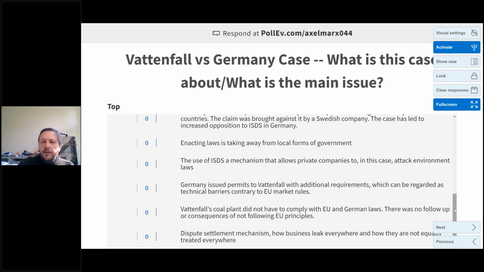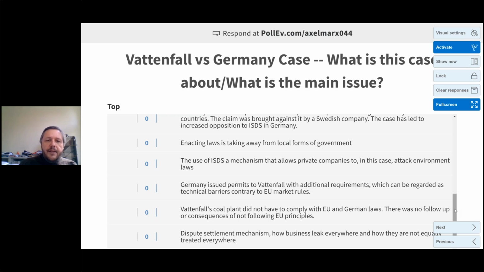You have a company, Vattenfall, investing heavily in an energy plant in Germany, and they of course try to make a profit out of that, and that profit is calculated on the total investment cost of developing the plant. But of course, what happens next is that Germany's environmental regulations get tightened through political processes of more attention for green issues and other aspects.